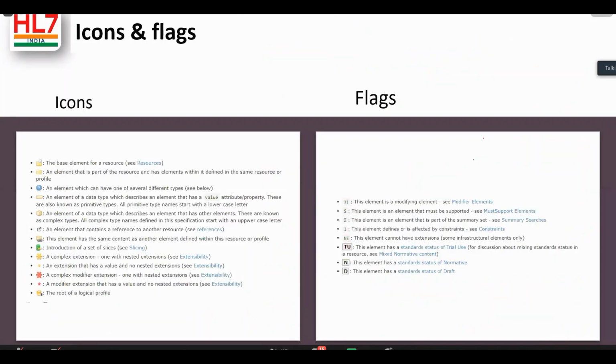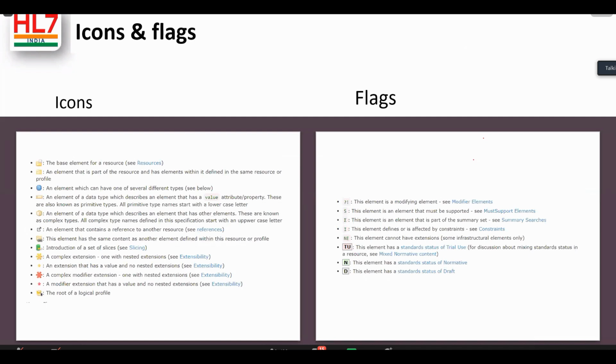Okay. What we saw, and no one asked that question, so I did not answer also. When we were looking at the resources, we saw on the left-hand side, there are a lot of icons, right? There was a folder icon, there was a question mark icon, there were stars, and all those icons. Those icons have special meanings when you are reading the spec.